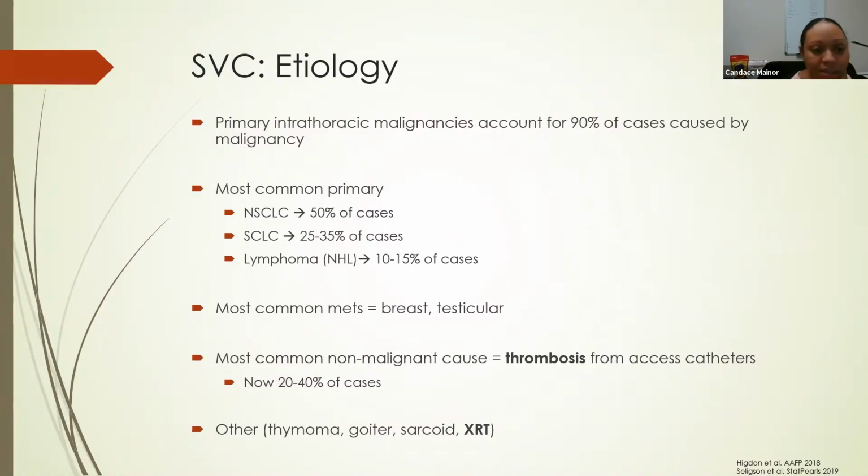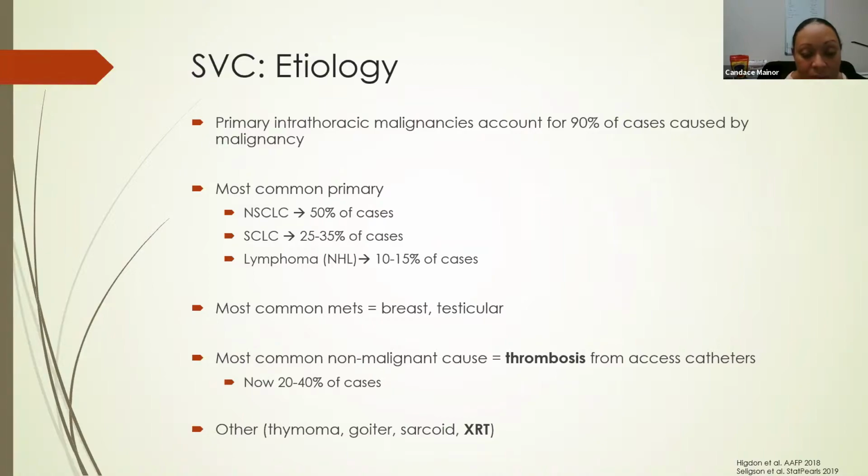With SVC syndrome, primary intrathoracic malignancies account for about 90% of the cases caused by malignancy. Although most of the cases now are more commonly caused by non-malignant causes, mainly thrombosis and access catheters. So that's about 20 to 40% of cases now. But back to the cases caused by malignancy, the most common cancers to cause SVC syndrome are the lung cancers and lymphoma.